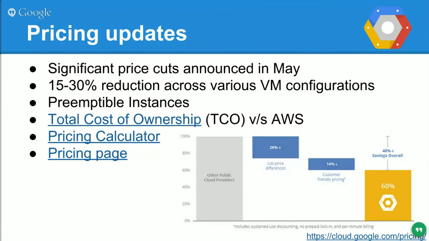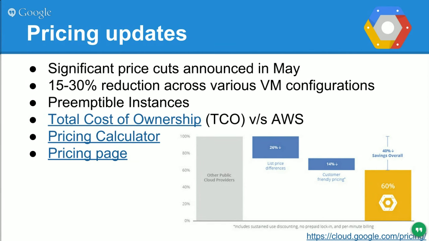The other thing, as I mentioned a bit earlier, is preemptible instances. If you're okay with using instances which could be shut down, and you've got your workflow configured that way so that it won't really affect you and you can take over from there, especially if you're processing large amounts of data in a batch and you're okay with some sort of delays here and there, I think preemptible instances could significantly bring down your cost also.